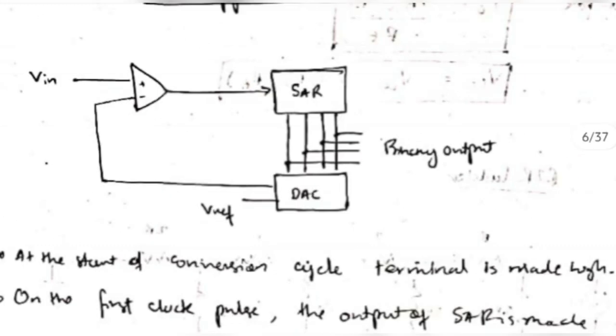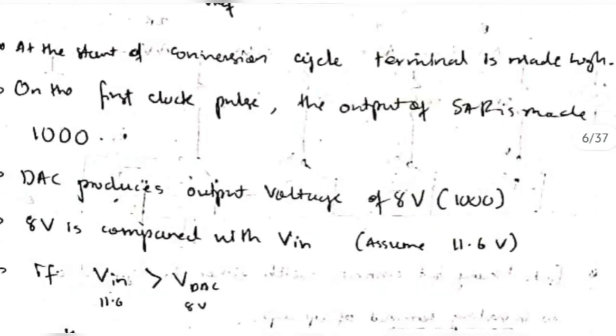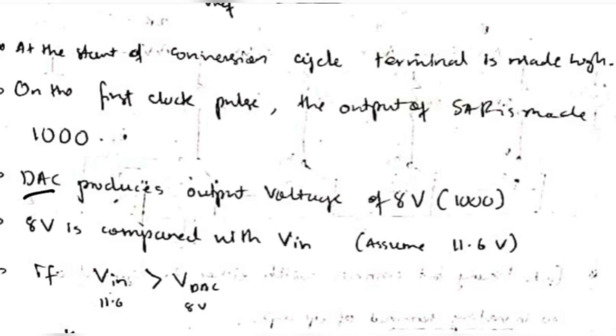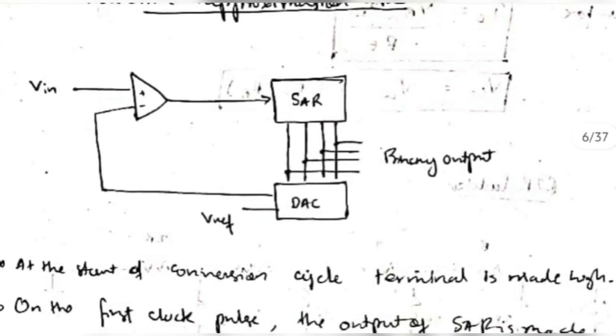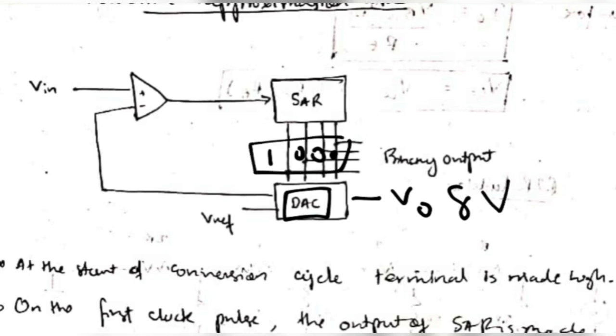Then after doing that, you have to compare this. See, that's the procedure. First, when you initialize it as 1 0 0 0, it will produce an output voltage of 8 volt. See here, there is the output from here. This is V out. And if you put the values as 1 0 0 0, the DAC will give the output as 8 volts, because this is the binary equivalent of 8, right?